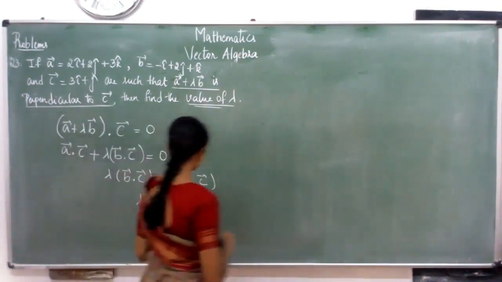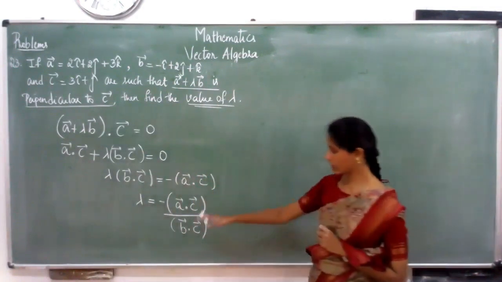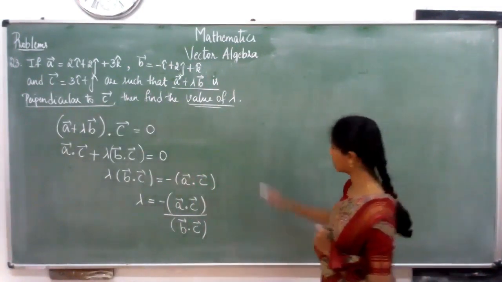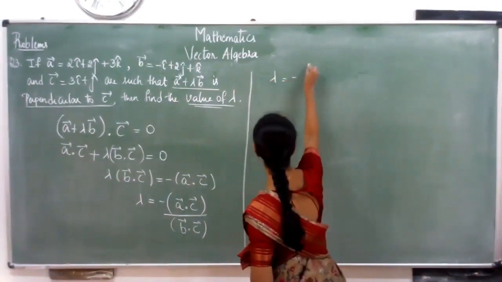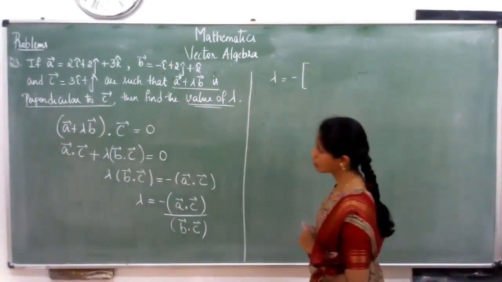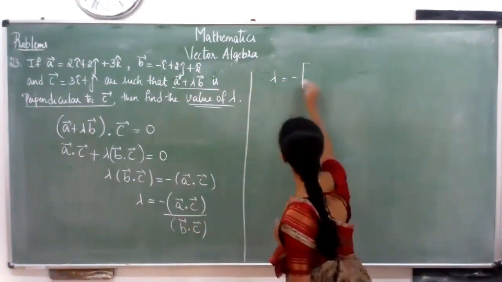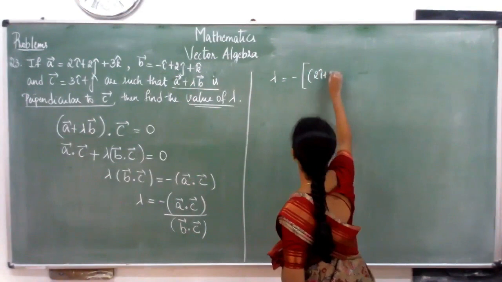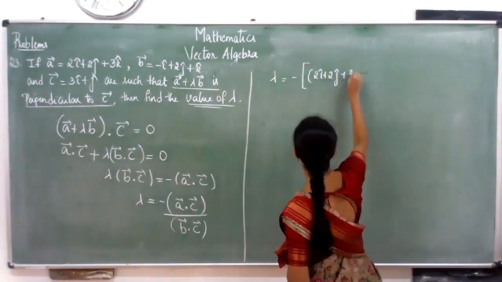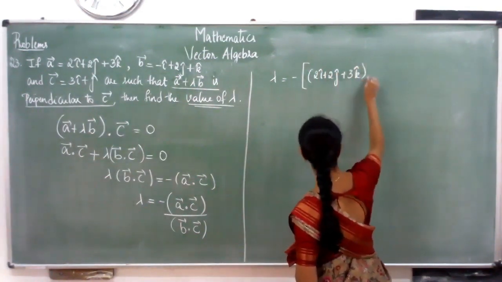Okay. Next. So we need to find what is the dot product between vector A and vector C and also vector B and vector C. So lambda is equal to minus of. So what is vector A we want first? So vector A is given by 2i cap plus 2j cap plus 3k cap dot.